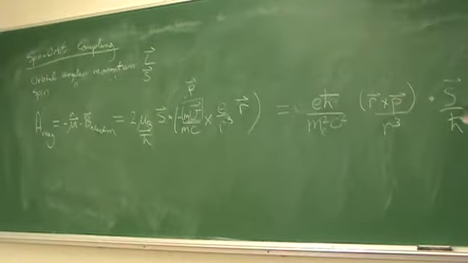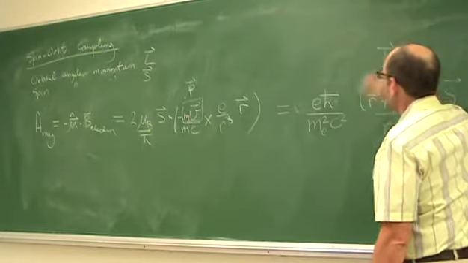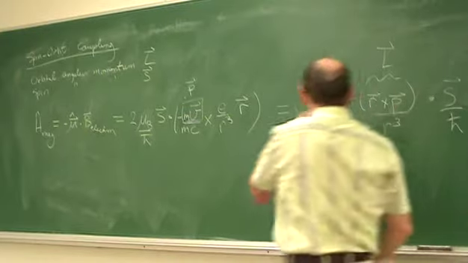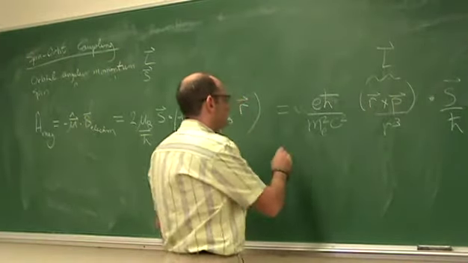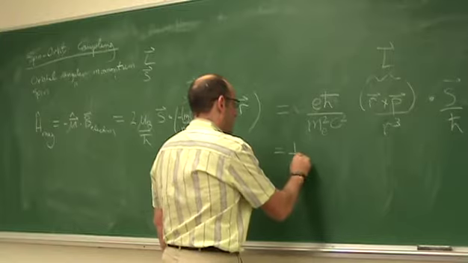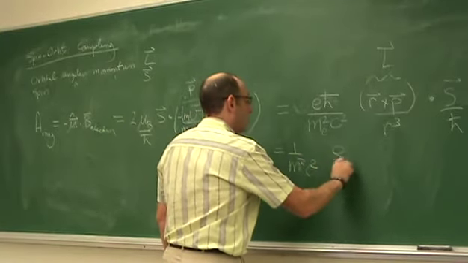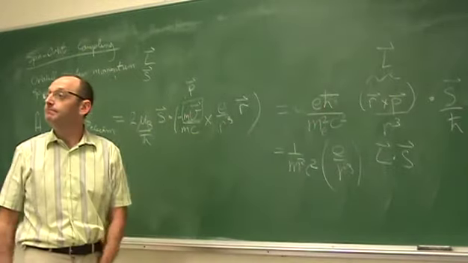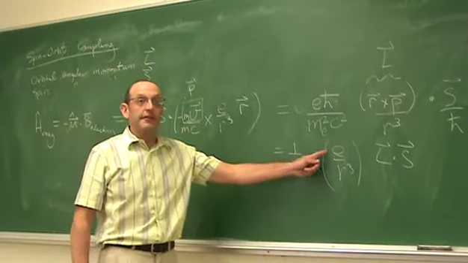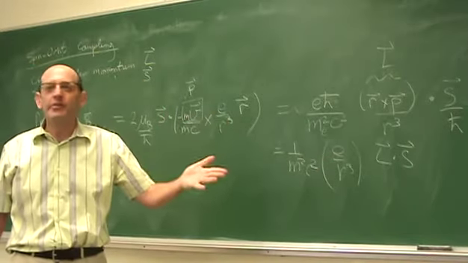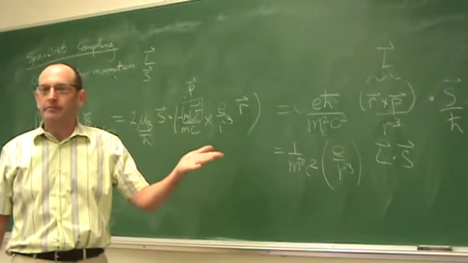So, what do we see here? Well, what we see here is the orbital angular momentum of the electron, L. So we have here 1 over mc squared, e over r cubed, L dot S. All right? And what is this? Well, this can be re-expressed if we want in terms of the gradient of potential energy, right?